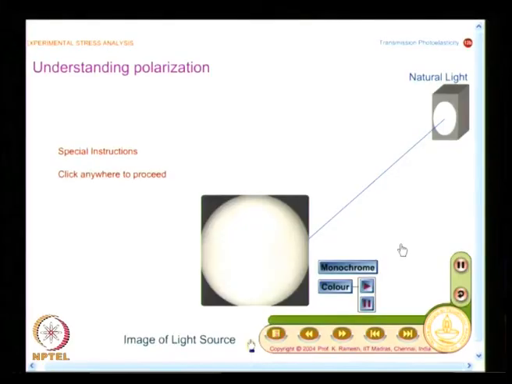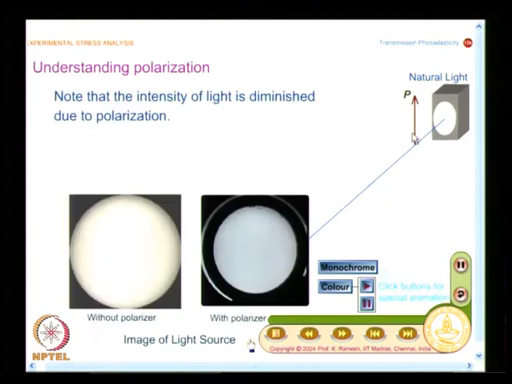And before we go into that, let us have a look at what we have learned in understanding polarization. So, here you have natural light, then I put a polarizer. It allows only one component of light, and I want to investigate the status of polarization.